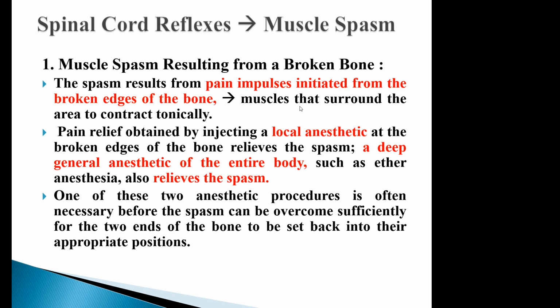A deep general anesthetic of the entire body, such as ether anesthesia, also relieves the spasm. One of these two anesthetic procedures is often necessary before the spasm can be overcome sufficiently for the two ends of the bone to be set back into their appropriate position.